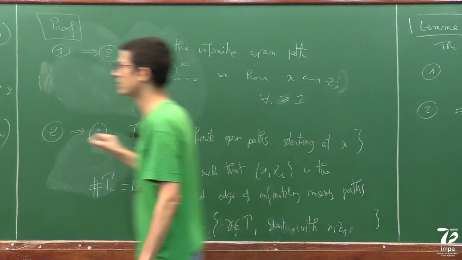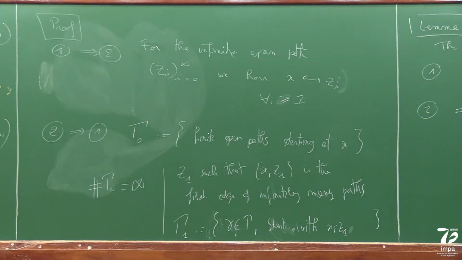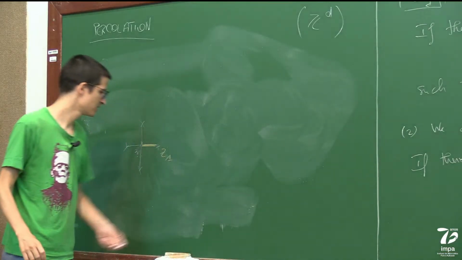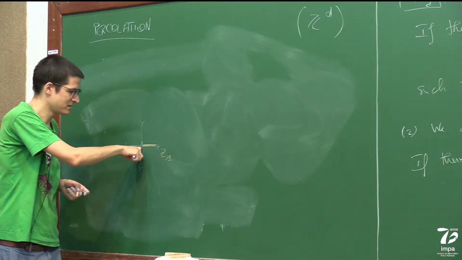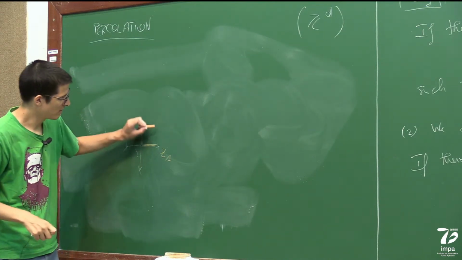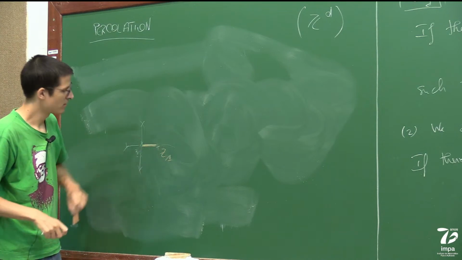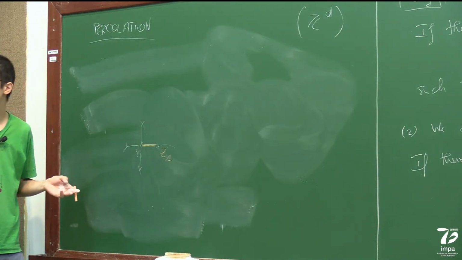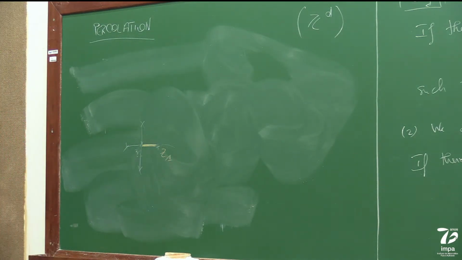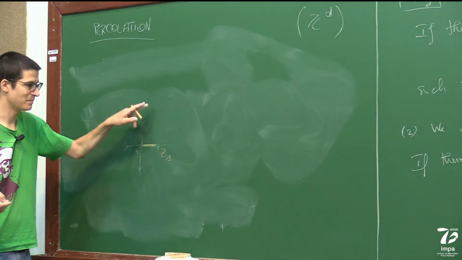Okay, so from Z1, if you take a path that starts from X and Z1, then for the second step, you have 2D minus 1 possibilities. Because the cardinality of gamma 1 is infinite, there is one possibility that must be chosen for infinitely many paths.